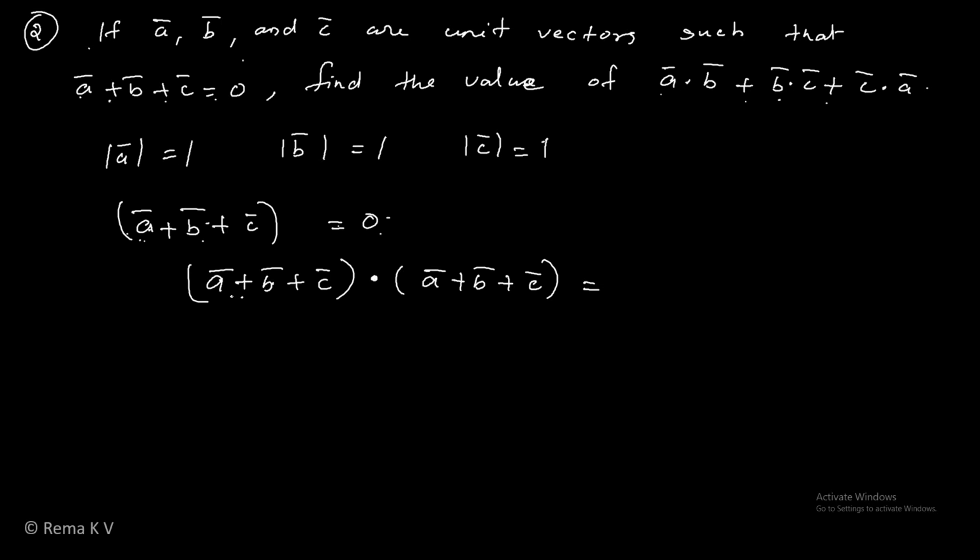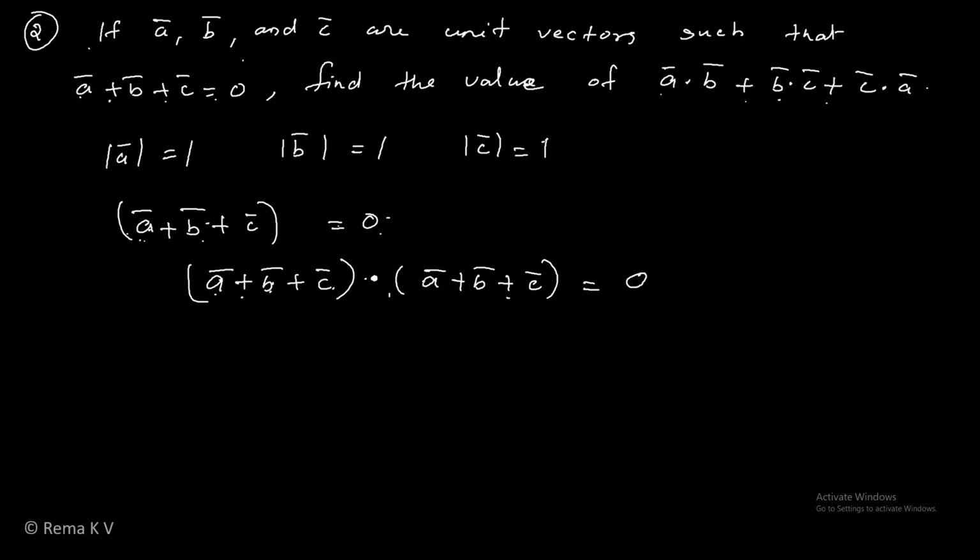So what about the dot product A plus B plus C dot A plus B plus C? Okay, this will also be equal to 0.